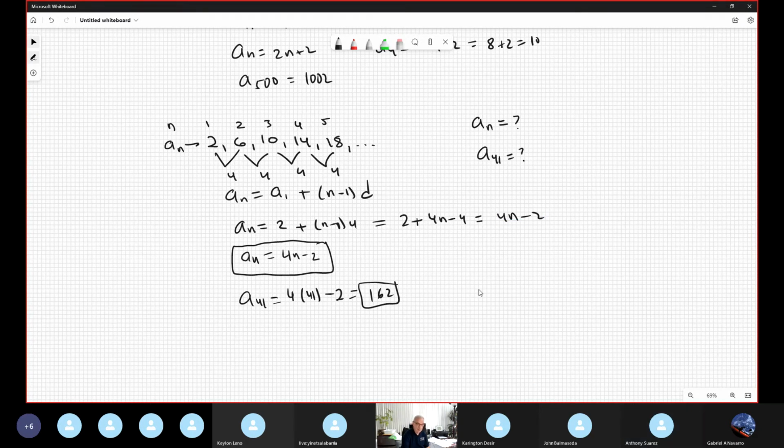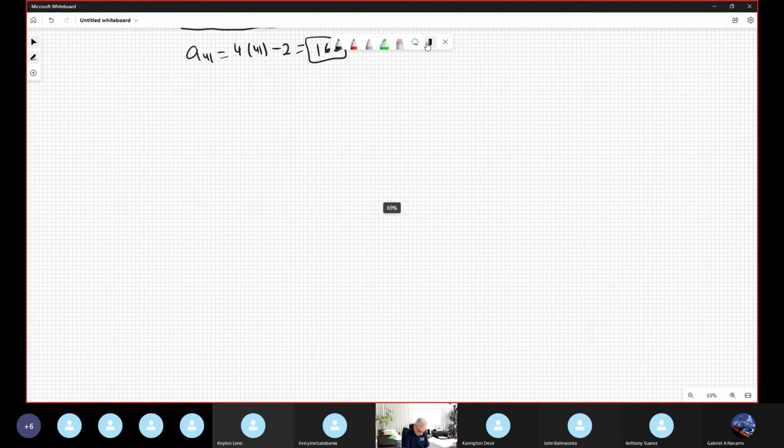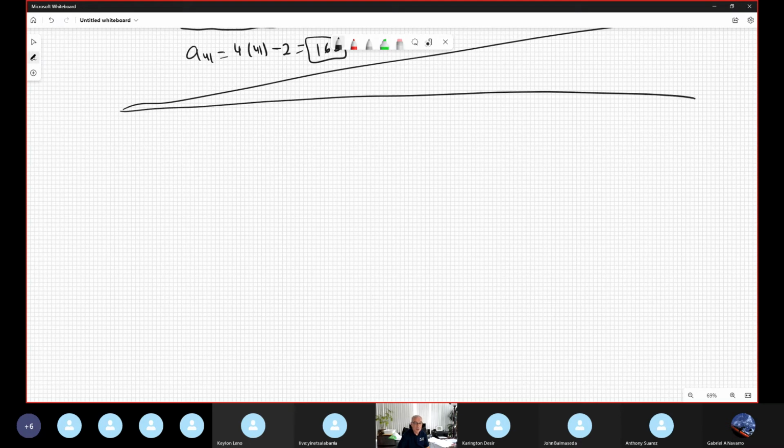Okay, let me complicate it a little bit. Suppose I need to find the formula for an arithmetic sequence. I know that A sub 8, in position 8, is 75, and in position 20 is 39.